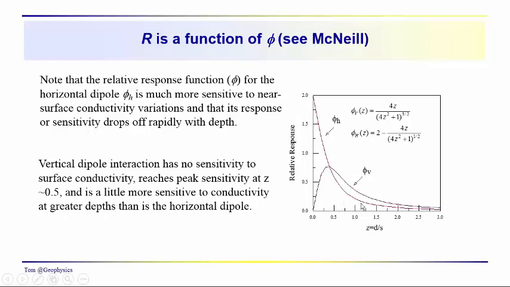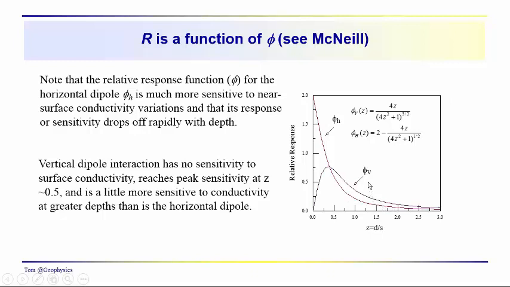But just to show both functions, notice that for the horizontal dipole we get a relatively high contribution from the conductivities of the near surface layer compared to those at depth. The relative response function for the vertical dipole parallels it once you get out past about a Z of 0.5; they're roughly parallel to each other.